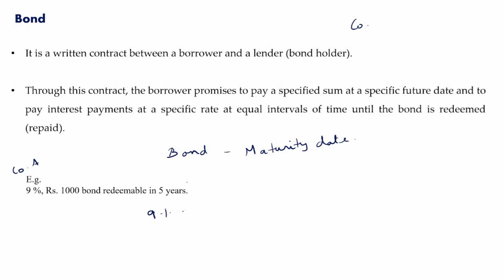So 9% of 1000 is the interest payment which the company has to pay every year to the bond holder. It is 9 by 100 into 1000, which is rupees 90. This 9% is the coupon rate, and the interest that the company has to pay is the coupon payment or the interest payment.